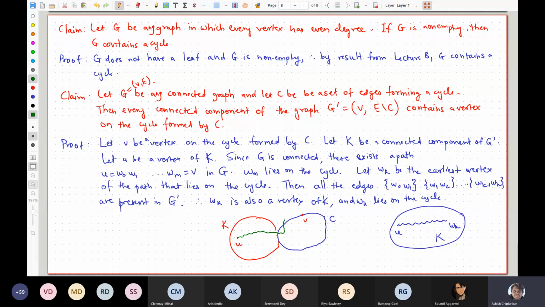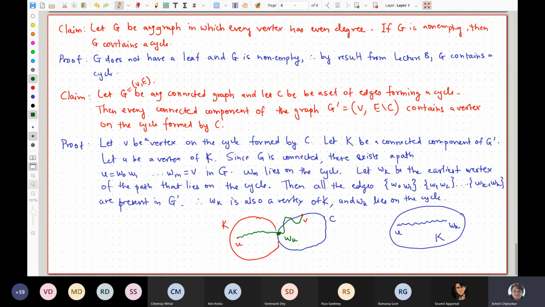So let's look at this path. Now I'm saying that the last vertex of this path is on the cycle. So now look at the earliest vertex of this path which lies on the cycle. Let that be wk. It could be wm itself, or it could be some earlier vertex on the cycle. So this is my wk. Now all the vertices on this path which are before wk are not on the cycle by definition.